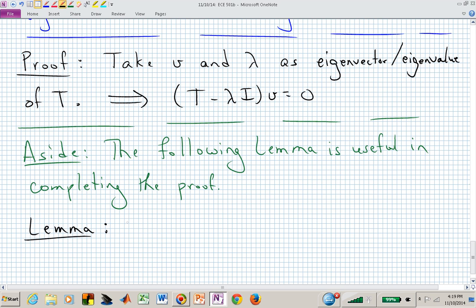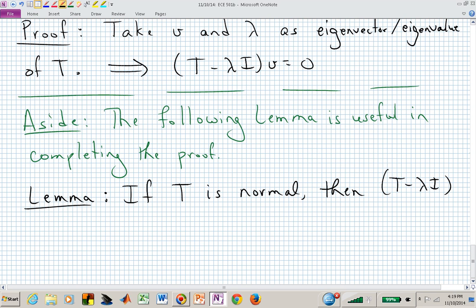The lemma says that if we have a normal operator T, then so is T minus lambda I as an operator. Then T minus lambda I is also normal.